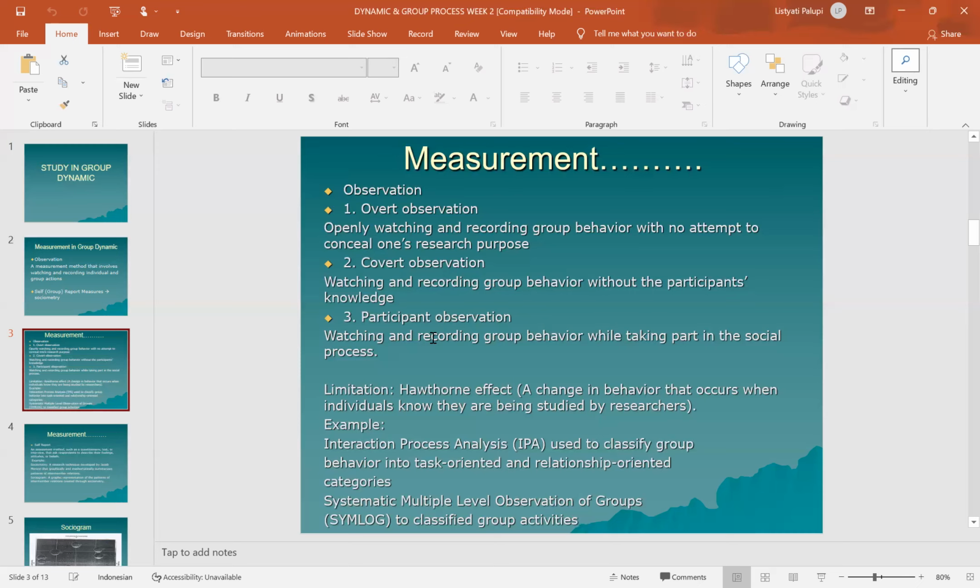Another example that uses observation is SYMLOG, the Systematic Multiple Level Observation of Groups, which is used to classify group activities. These two investigations, IPA and SYMLOG, use observation as their method to measure the processes that happen or exist in groups.